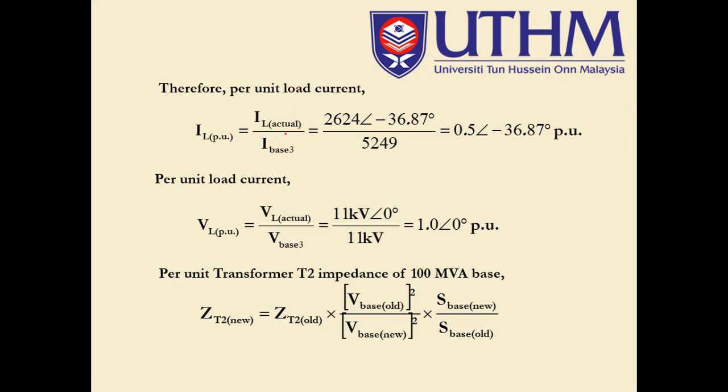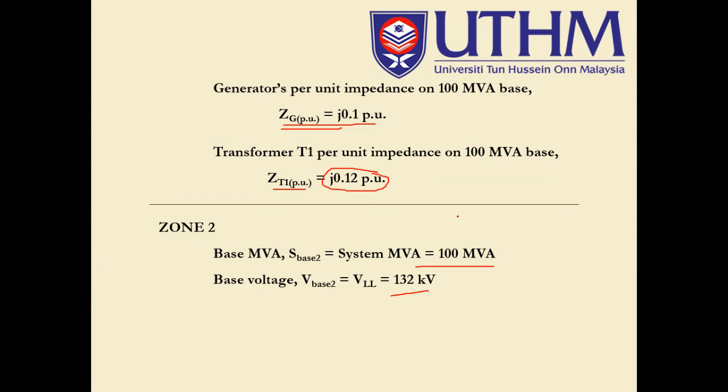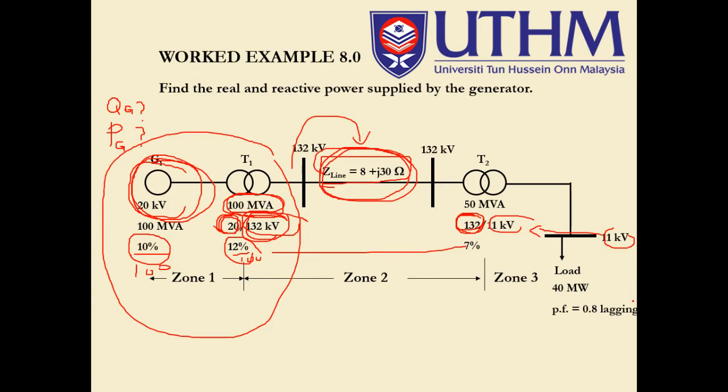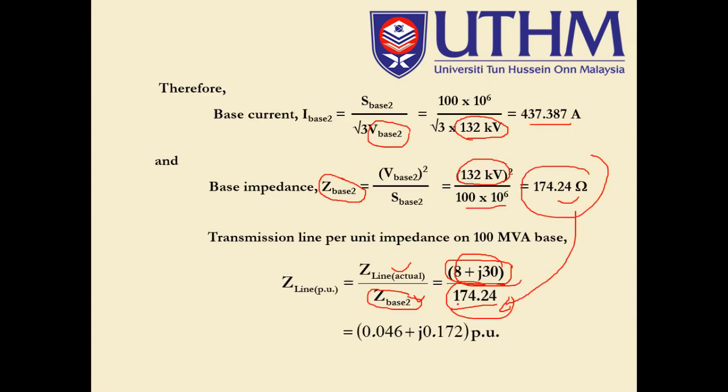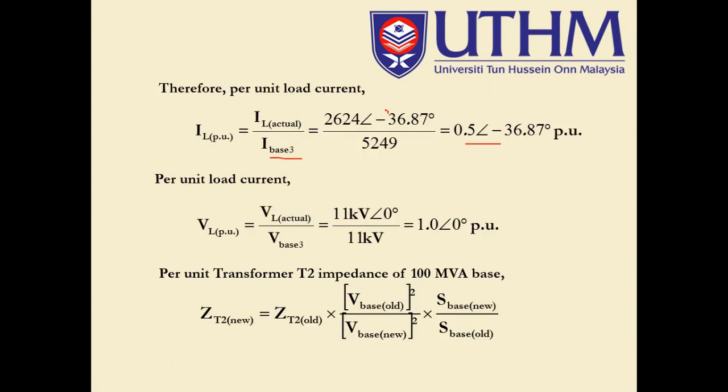Therefore the per unit load current I_L PU is I_L actual over I base 3. The keyword here is the negative sign of the phase angle: for a lagging power factor, we simply put a negative sign here, and divide by I base 3.